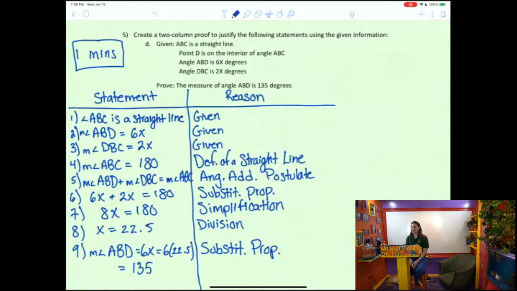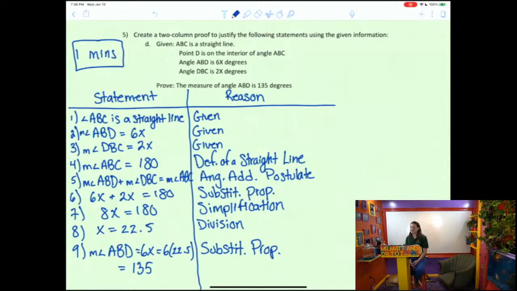If we simplify, 6x plus 2x is 8x, so 8x is equal to 180 due to simplification. Dividing by 8 on both sides, we'll find that x is equal to 22.5. That's due to the division property of equality.